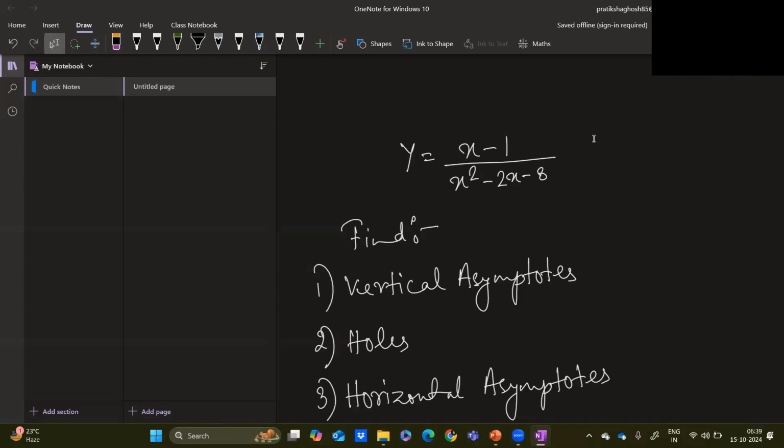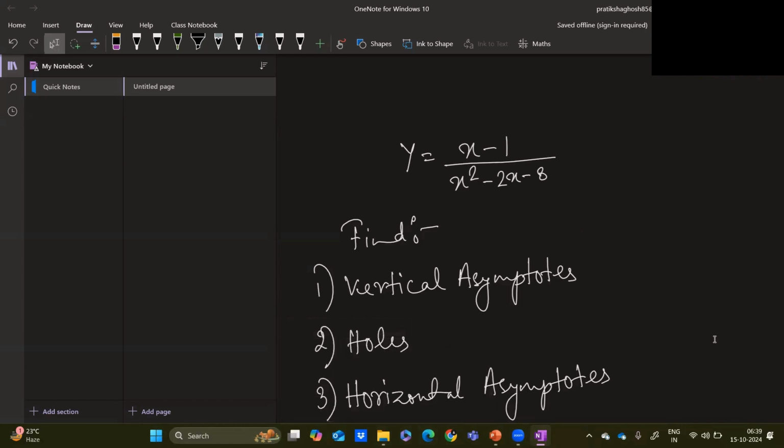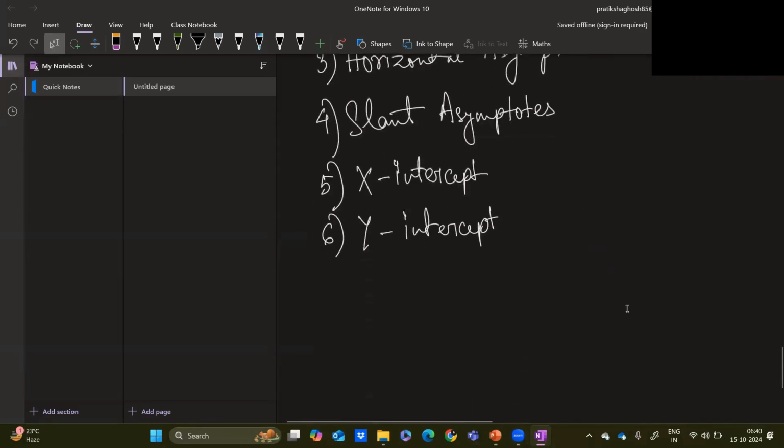So it's x over negative 1 over minus x squared minus 2x minus 8. x plus 2 and x minus 4 at the bottom, like after breaking the middle term, right?